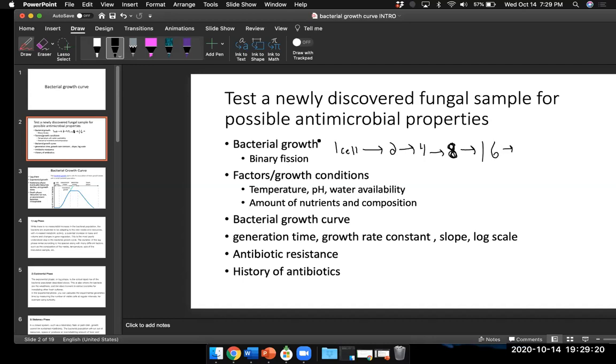But you know, in a solution when you're growing bacteria, you would never have just 1 cell. You would start with a much larger population. The only time you would really get down to 1 cell is when you've been doing the streak for isolation method and you've been trying to dilute it down to just individual cells to grow colonies.